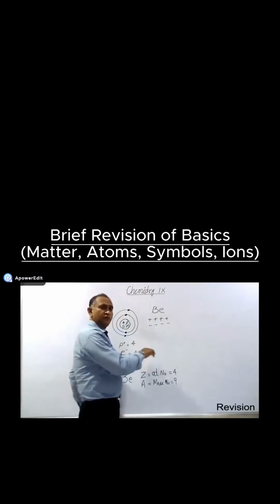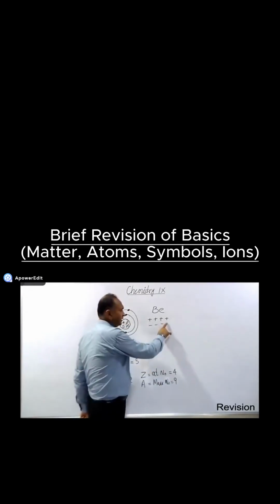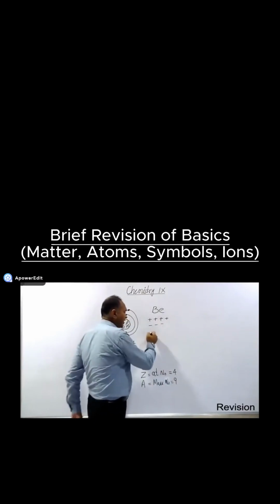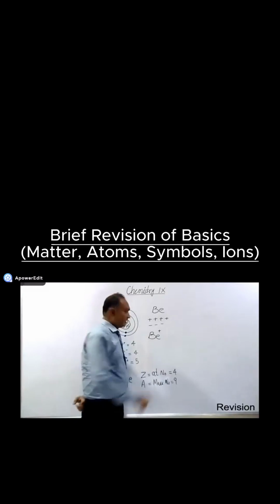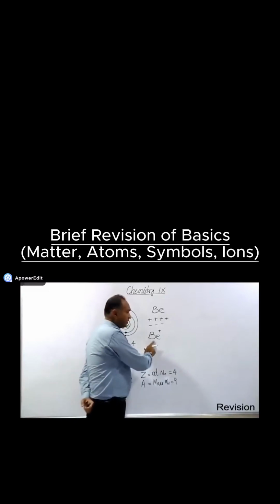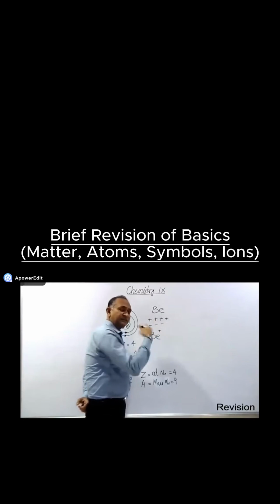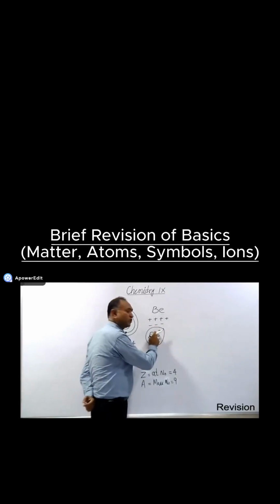If you remove an electron over here, then this will be unbalanced. We will show that this beryllium is different from that beryllium. Why? Because one of its electrons has been taken away. So it has got a charge. What kind of charge? Positive charge.